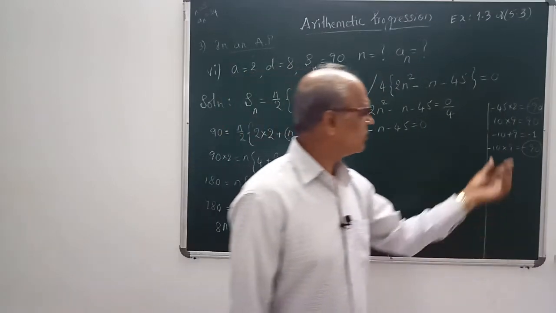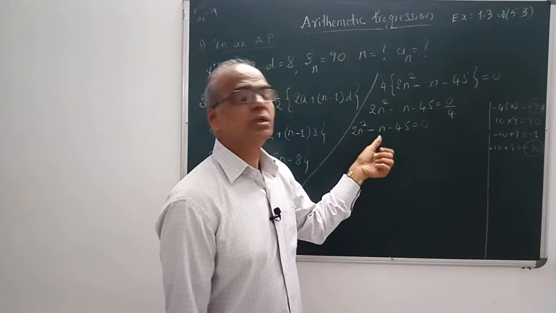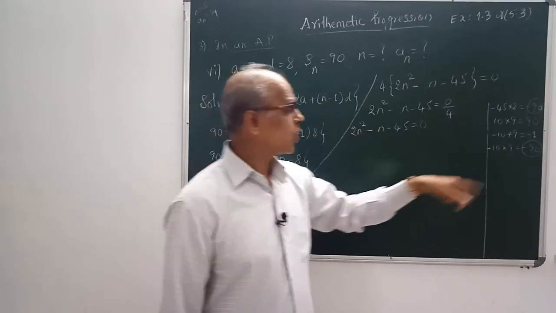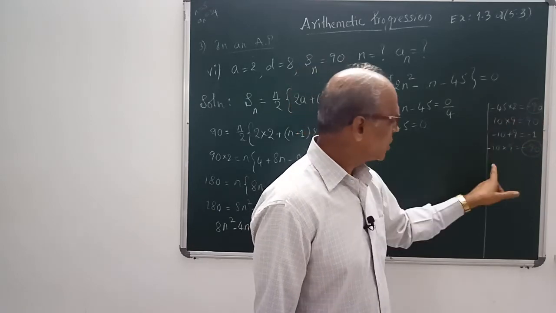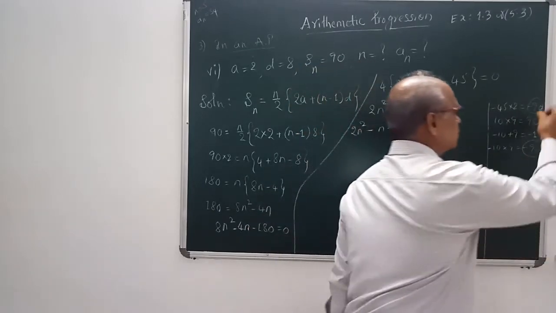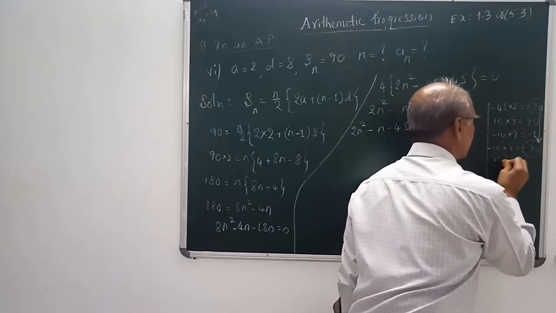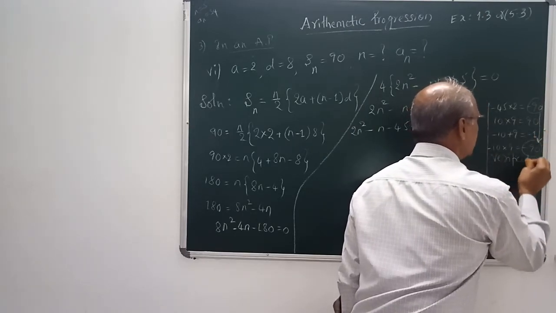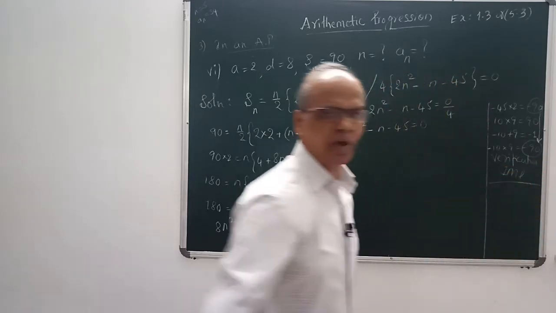Because sometimes you will get factors whose sum is exactly equal to the middle term, but when you counter check or verify, you won't get minus 90. So here we are getting minus 90. These both should be same. This is the verification step I write here. This is very important.